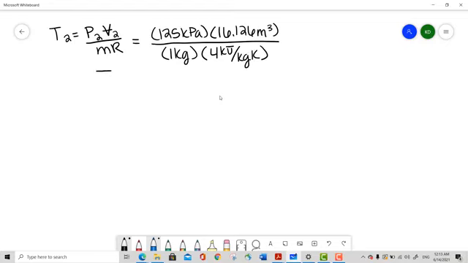And then when you solve this, you end up with 503.97 Kelvin. Okay, so that's the first thing that it asked for.